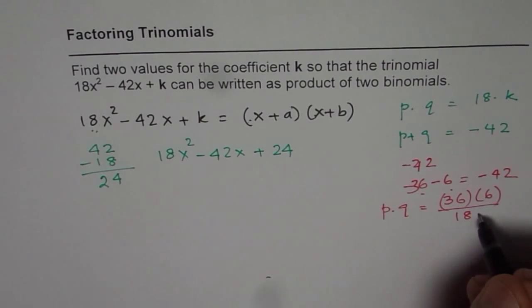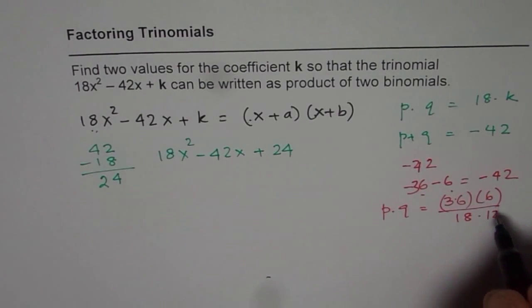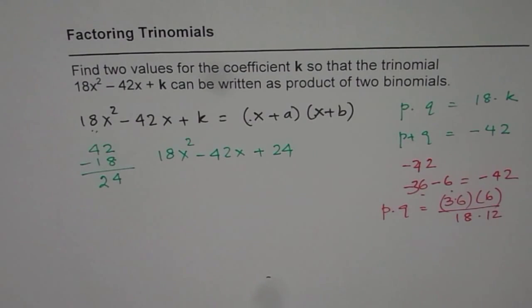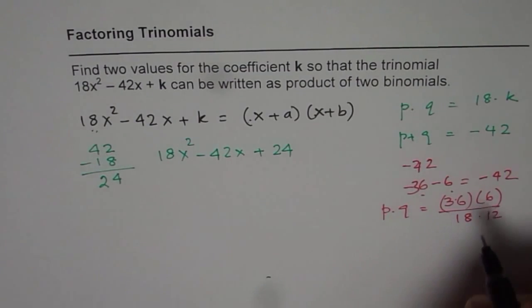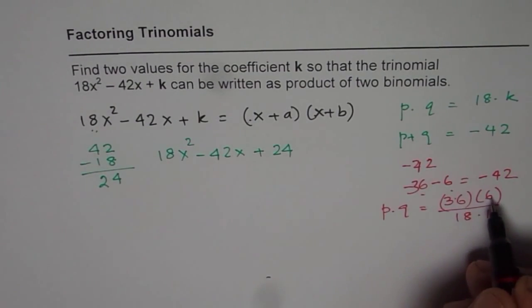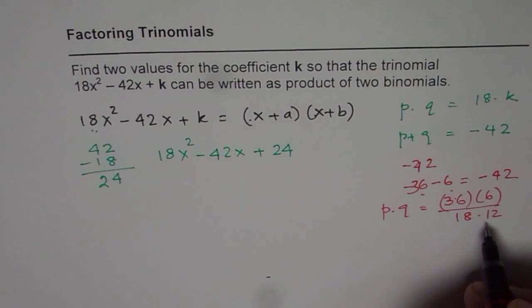So k should be 12, right? Because 18 is half of 36, correct? So k should be 12 to give me the same number. Is that okay? So that can actually work, correct? So 36 times 6 or 18 times 12 is kind of the same thing. So I could have k as 12, correct?